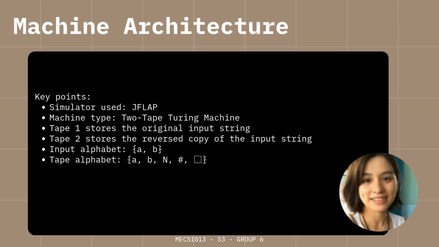Tape 1 stores the original input string, while tape 2 is used as auxiliary memory. During the copy phase, symbols from tape 1 are copied onto tape 2 in reverse order. The symbol N marks the end of the input on tape 1, while hashtag is used as the boundary marker on tape 2. This architecture allows the machine to compare the original input with its reversed version.